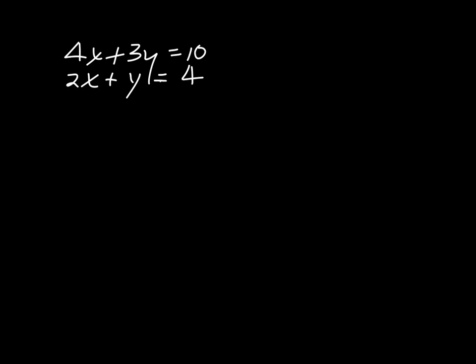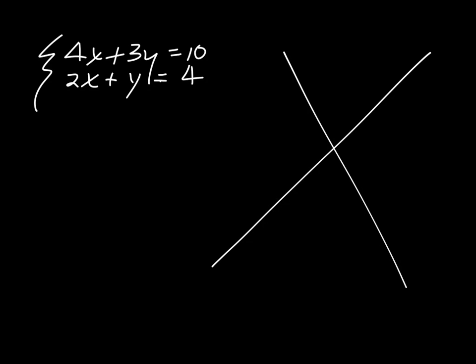Alright, so we've got those two equations, and they're a system here, meaning that when we draw the line of one equation, and we draw the other line, hopefully they'll cross somewhere, and that's the answer that we're looking for here, is where they cross.